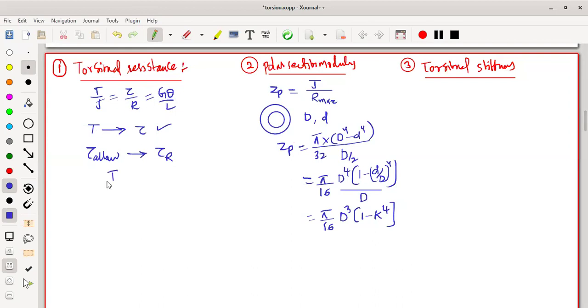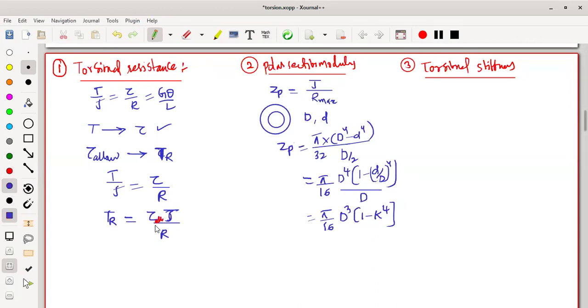It is also the same equation you are going to use. If I write here T by J is equal to tau by R, the same equation. But here it is capital T, the resisted torque, the torsional resistance, which you can write as tau into J divided by R. Here the tau you have to assume as allowable.